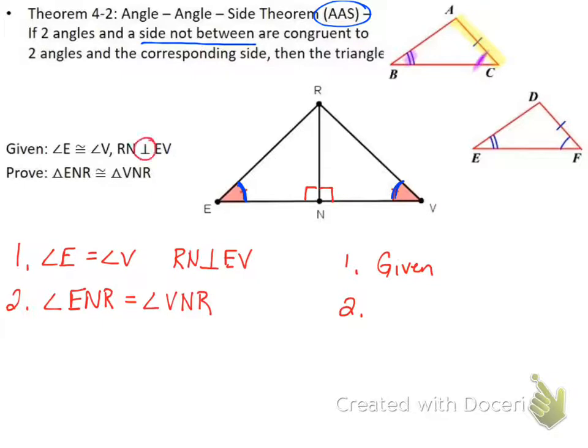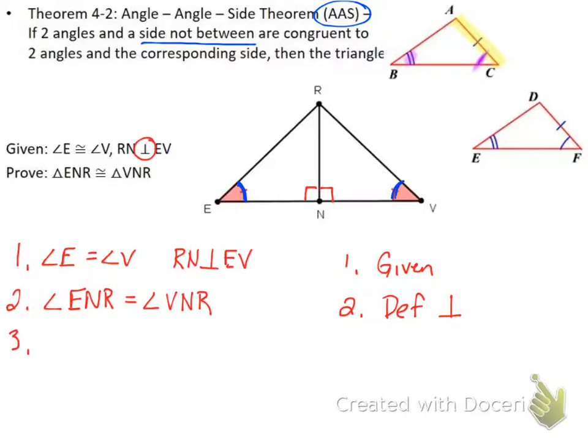Since it says perpendicular, I'm going to say definition of perpendicular. It's kind of a shortcut. The perfect way of saying it would be: because they're perpendicular, they're right angles, and since they're right angles, they're equal to 90, so they're equal to each other.